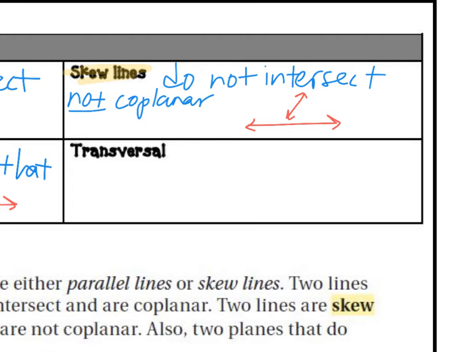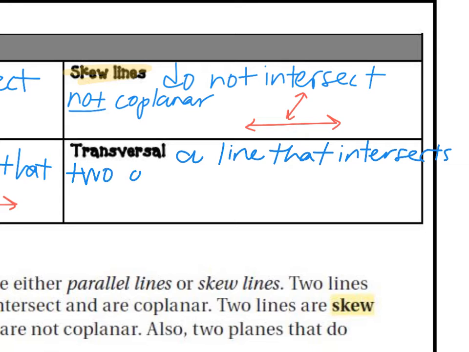A transversal is a line that intersects two or more coplanar lines. So it would be something like this.